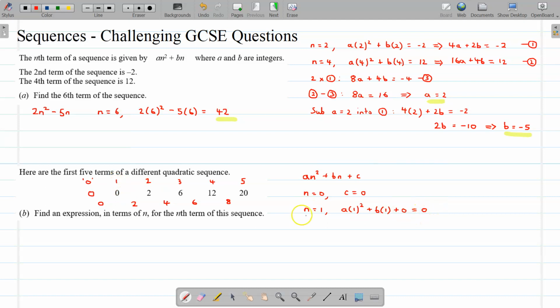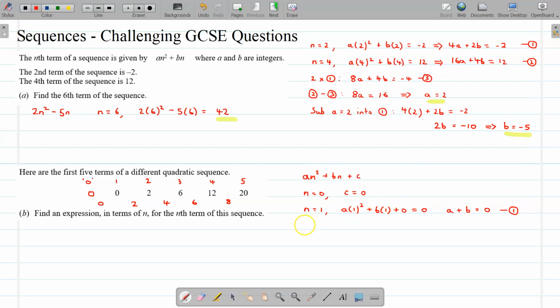So 1a plus 1b equals 0. So a plus b equals 0 is one of our equations, equation 1.